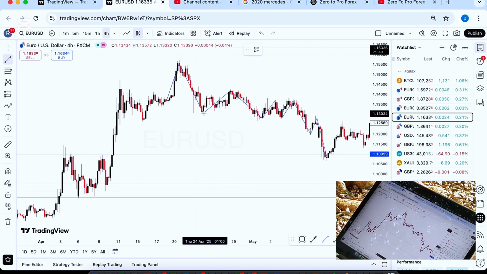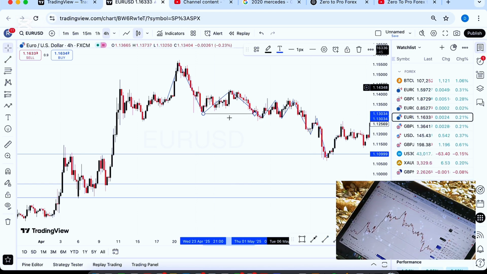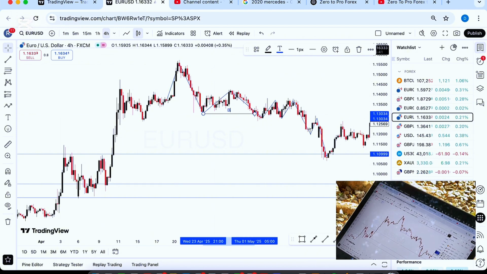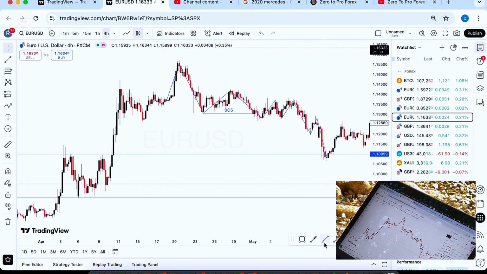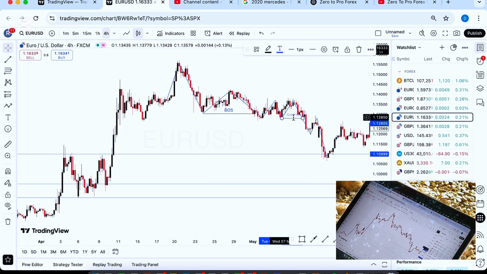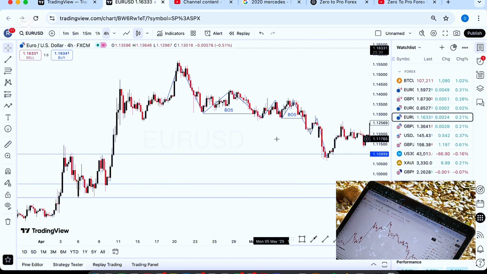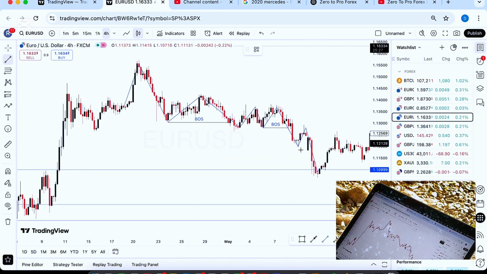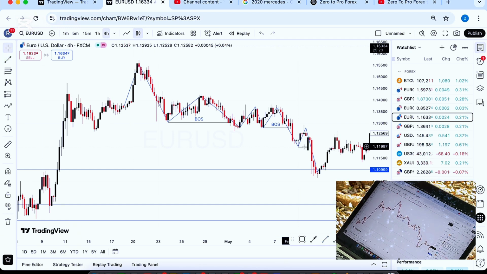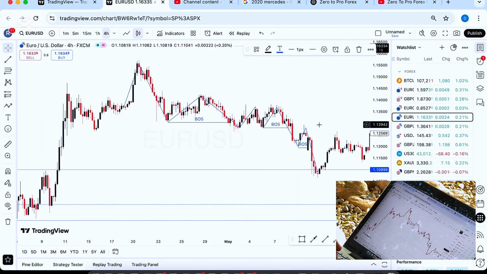Then we can see that if we take out this point to this point here, you see how price took out that low. Then from there we have a break of structure. Can you see BOS? Then from there we can see how price took out this low here. We have a BOS there. From there we can see how price took out this low here as well. Then we have the BOS. Do you see that?